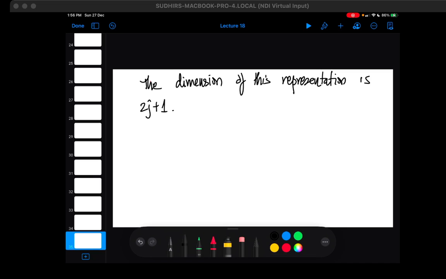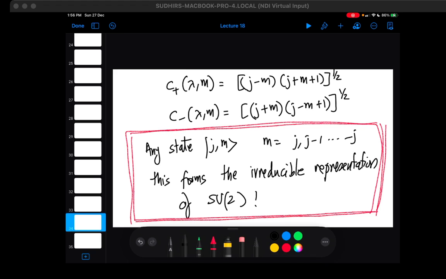Now what I mean by representation: the representation is also the generators. For example, for j equal to half, the generators are just Pauli matrices. For j equal to 1, they are 3-dimensional matrices. We want to use all this information.